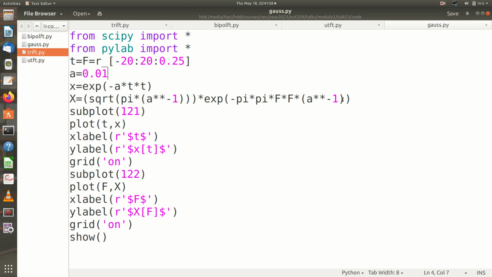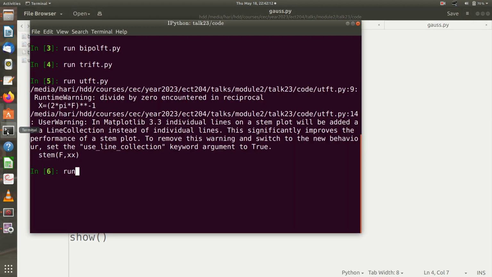On two subplots, I plot this small x and capital X. So we will run this code.